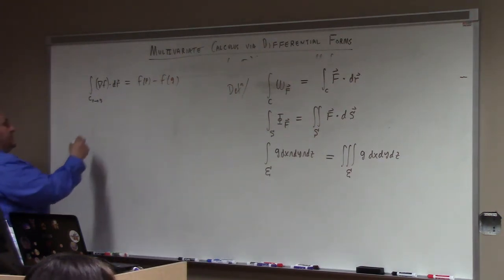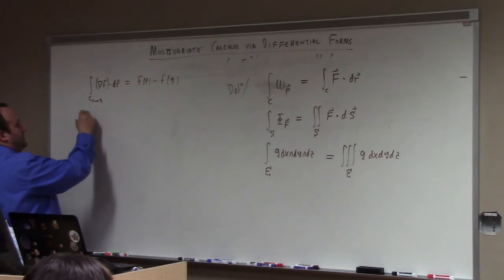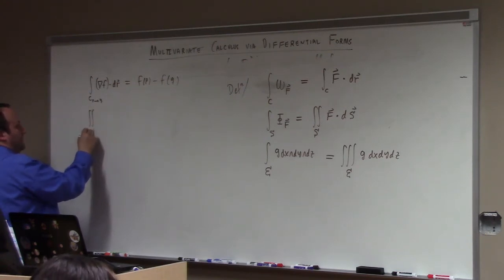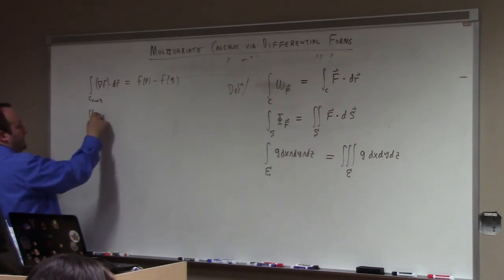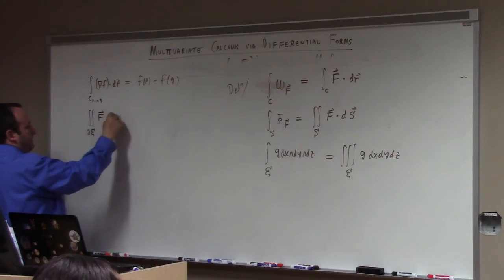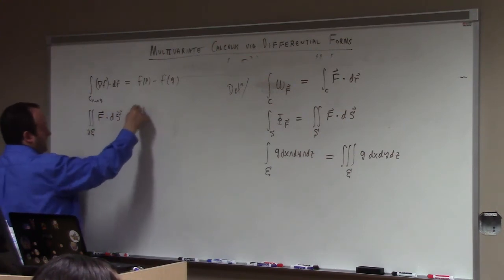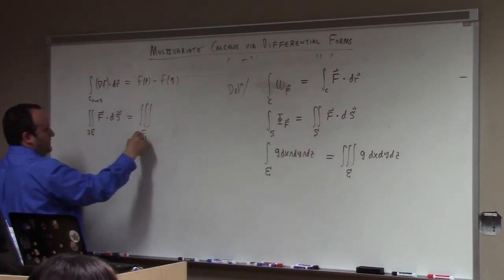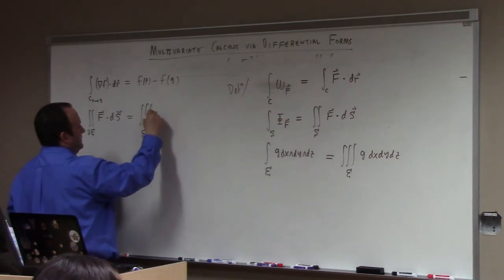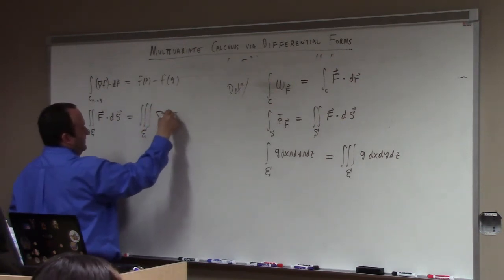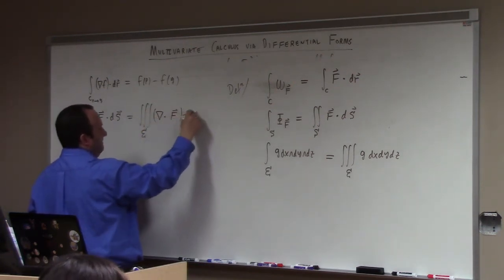What's the other important theorem to us? How about this? The surface integral over the boundary of a solid of F dot dS is equal to what? The triple integral over that simple solid of the divergence of F, right?